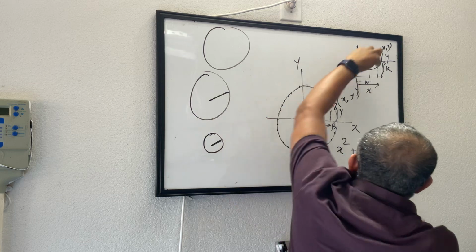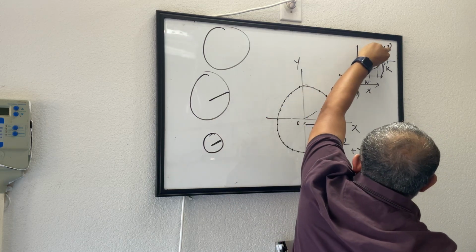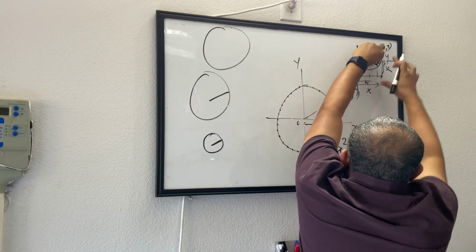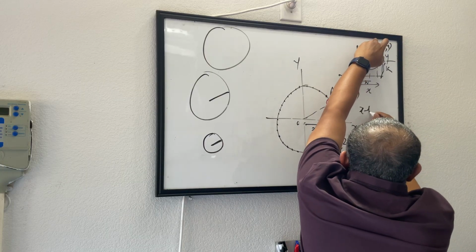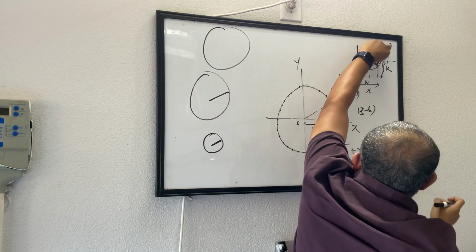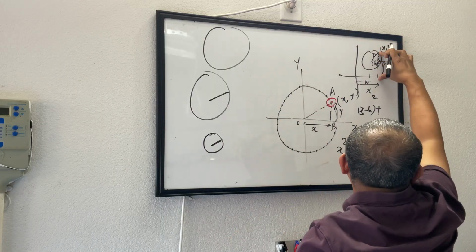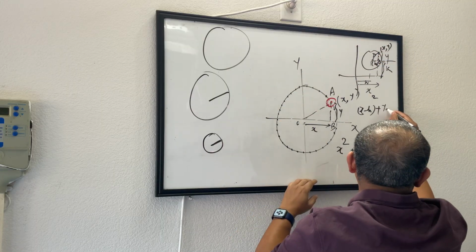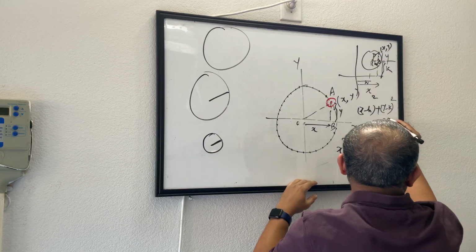So same thing here. Now this is the Pythagorean theorem: this distance is x minus h, this distance is y minus k, so x minus h square, which is this square, plus this side, which is y minus k square, equal to the radius of the circle, radius square.